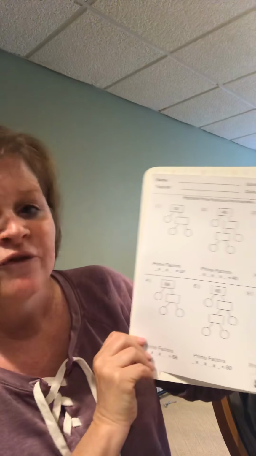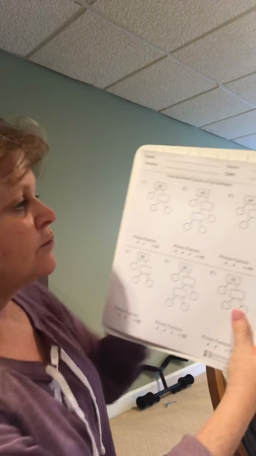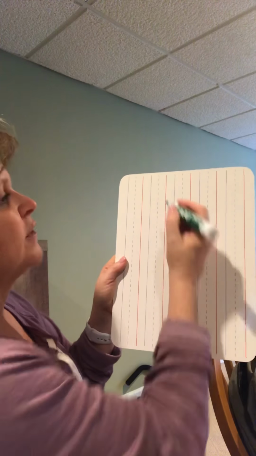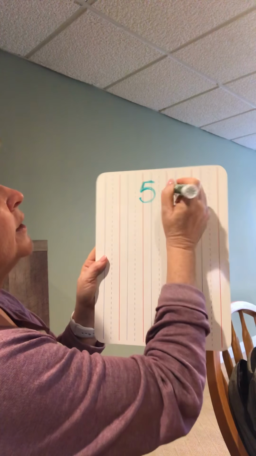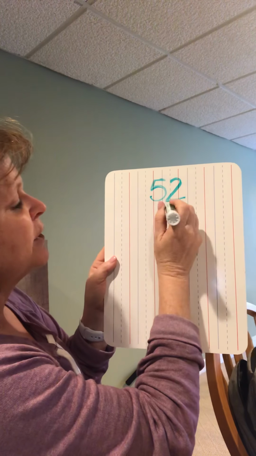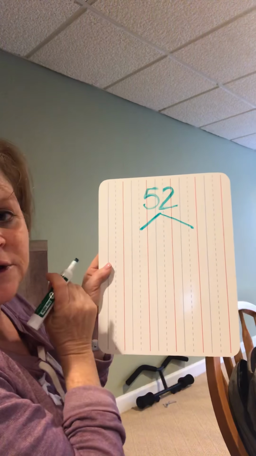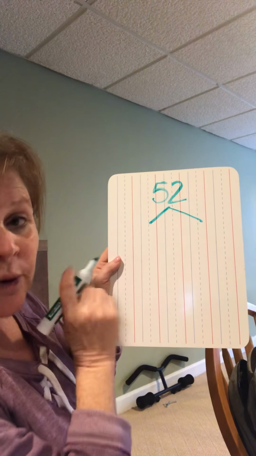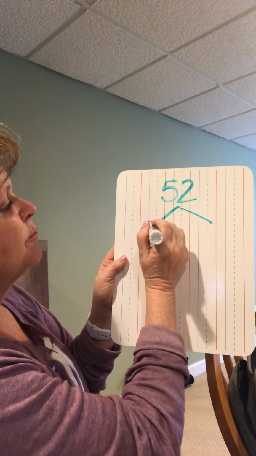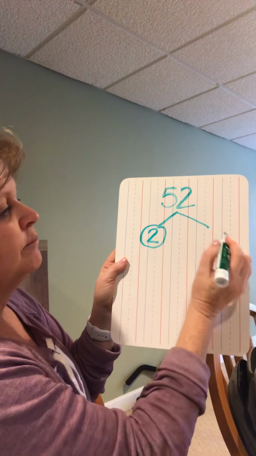So when we look at 52, let's take a look at 52. And I'll use this lined paper because I know y'all can still see it. So if I have 52, the first thing I'm going to do is break it apart. I know 2 is prime. So in the circle, I'm going to put 2 because I know it's prime.